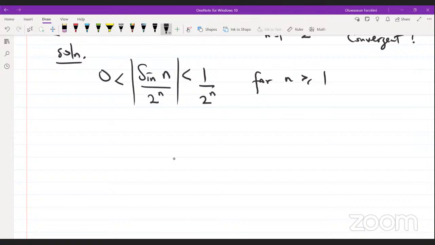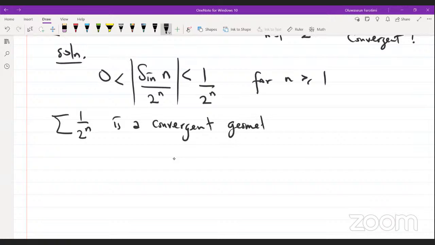So remember comparison tests, okay? This is a convergent geometric series with common ratio 1/2, which is less than 1.